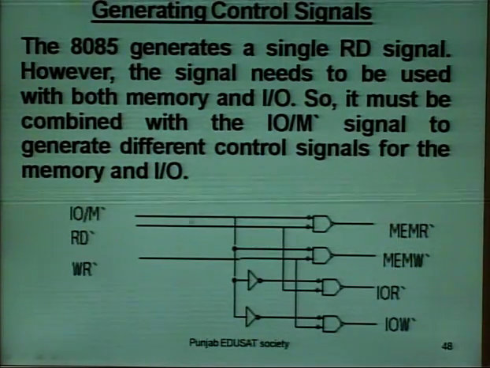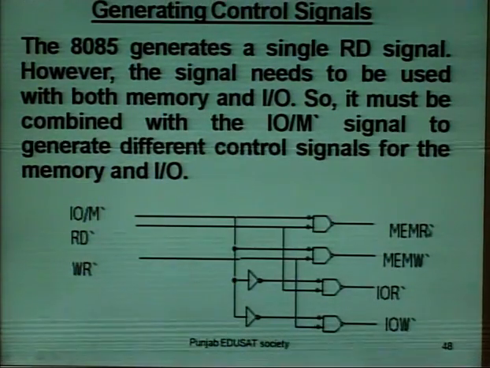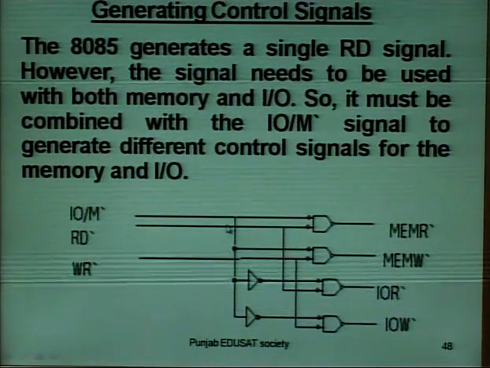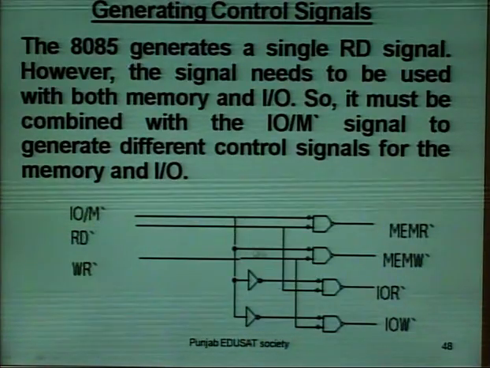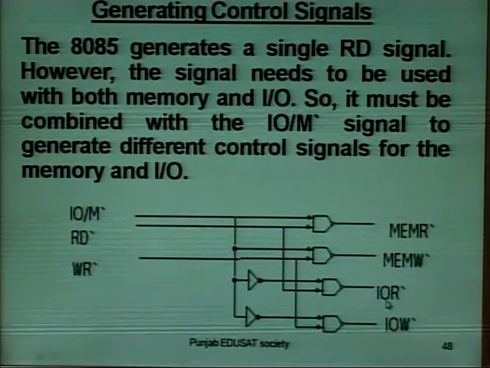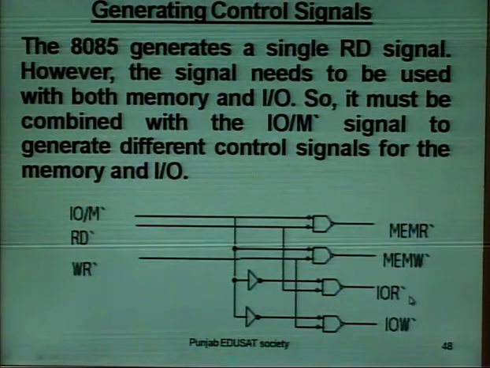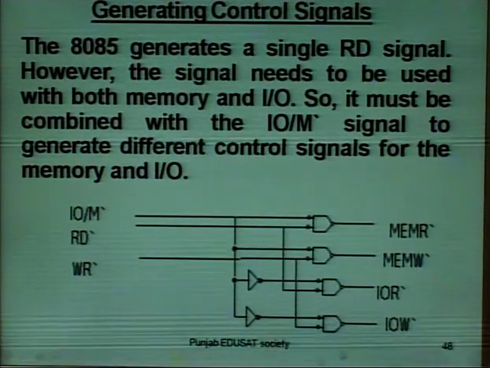They are combined with read to generate memory read, active low signal. After that IO/M is combined with write to generate memory write. Then IO/M, after inversion, is combined with read and write to generate input output read and input output write.